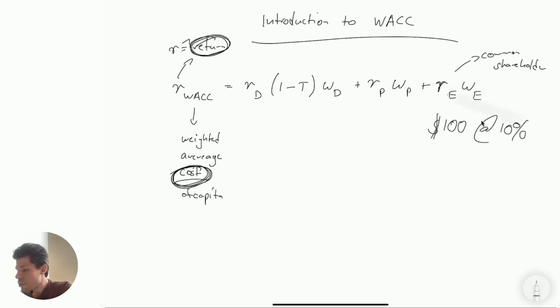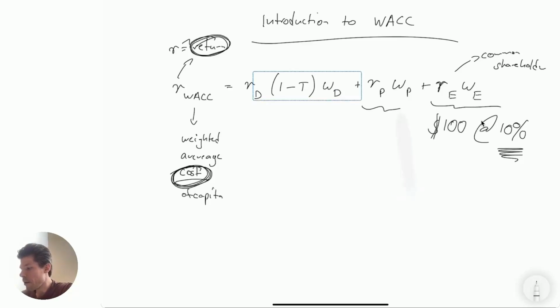Then your return on equity would be 10%. From a company perspective, if they borrow $100 from you as an investor, they would need to pay 10% interest. So from a company perspective, it is the cost.